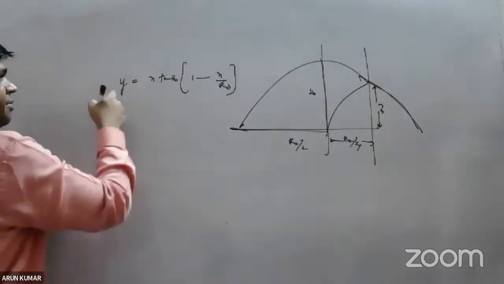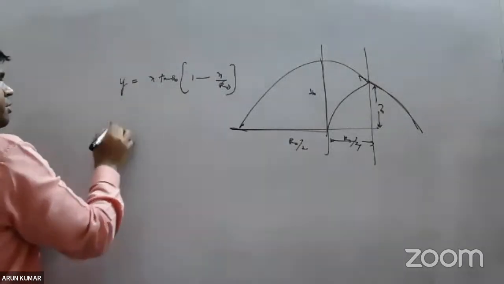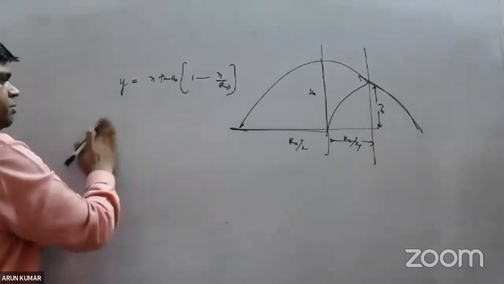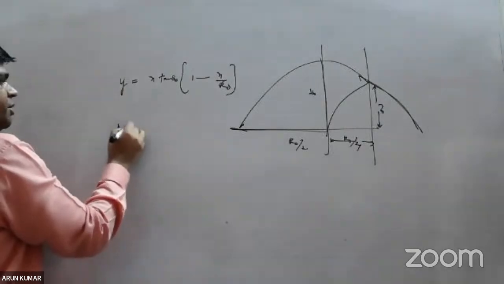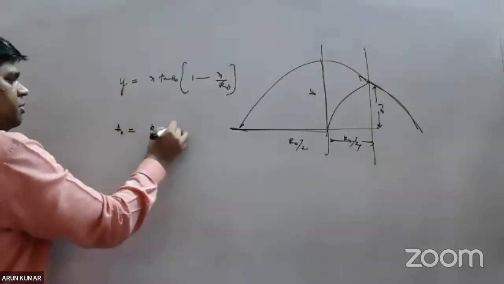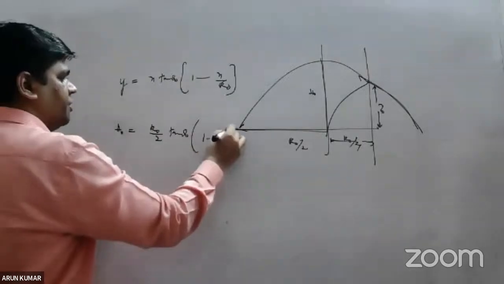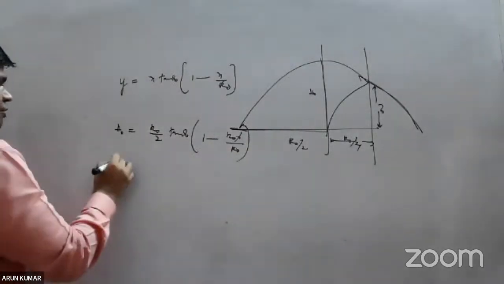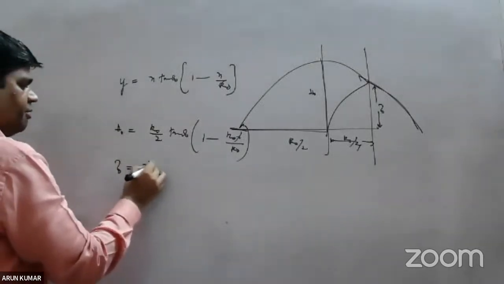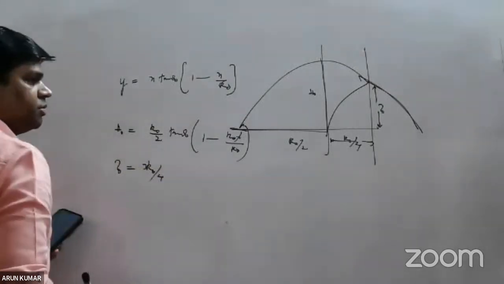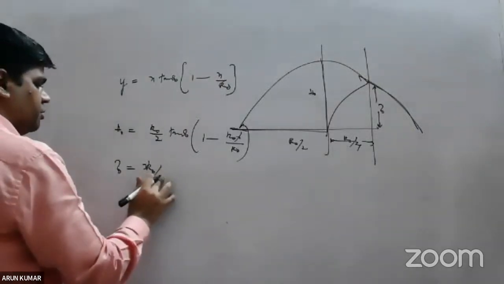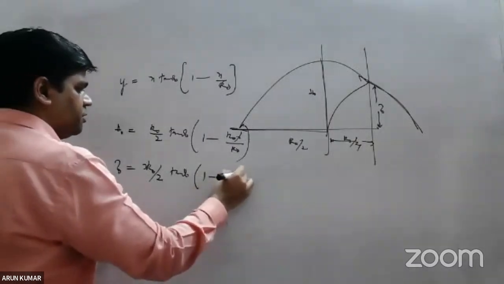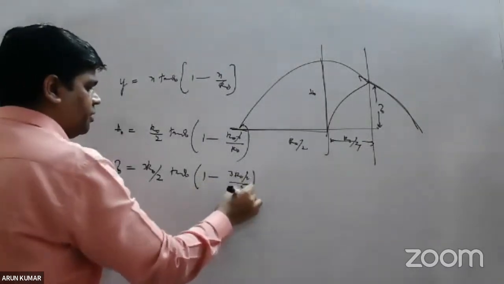So when it's r by 2, sorry, when it's h0, it's r by 2 tan theta into 1 minus r by 2 by r naught. Required to find question mark at 3r by 2, sorry. Tan theta into 1 minus 3r by 2 by r naught.